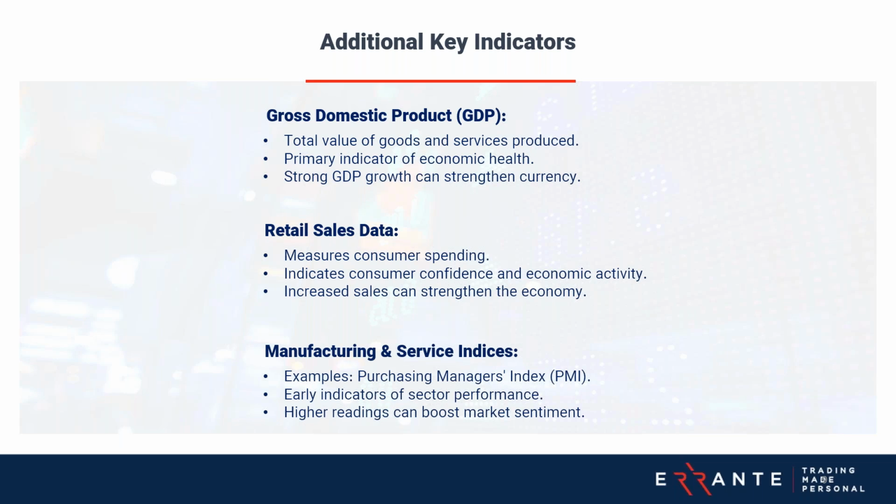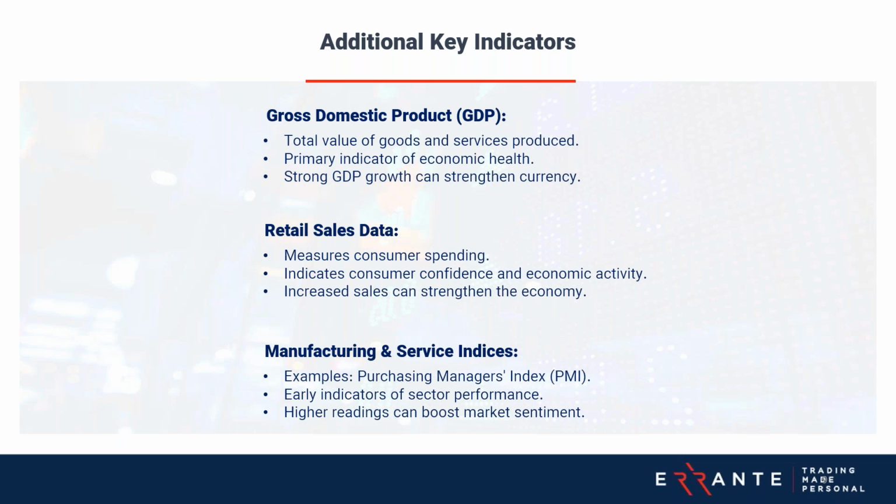Okay, the next one we have here is manufacturing and service indices. PMI surveys purchasing managers in the manufacturing and service sectors about business conditions, and is another important data that can influence the whole economy, different market sectors, and also the currency market or FX market.